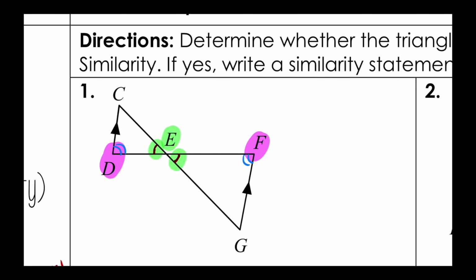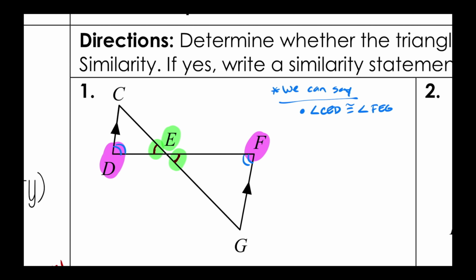So we can put little notes right here. The first thing we can say is angle CED is congruent to angle FEG, and why? Right? We can't just say things. The most important thing is you can't just say things.